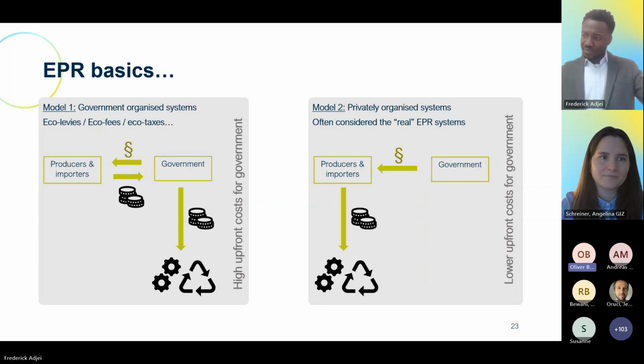If we look at a global EPR scheme as opposed to a national EPR scheme, we are looking at those producers whose products end up on the global market. In other words, the polymer producers and the virgin plastic producers.